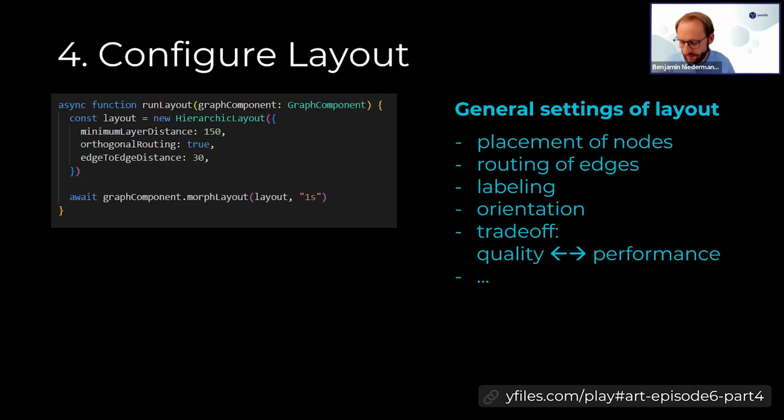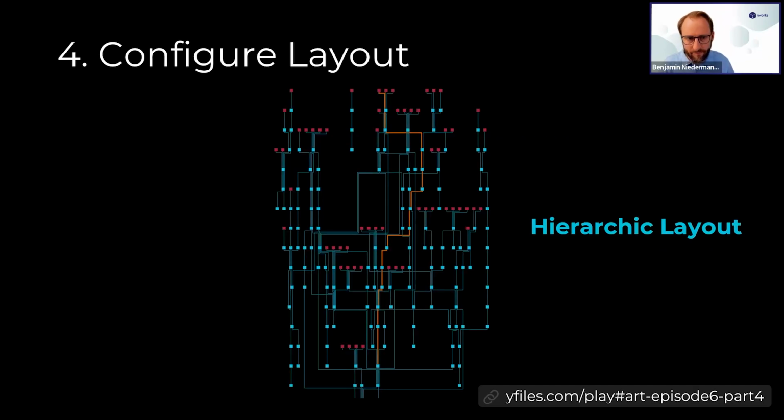Here the idea is that we decide on one layout style. In our use case, I would like to apply the hierarchic layout. But of course, you could also apply other layouts, for example, the organic layout, or tree layouts if you have a tree structure, and so on.